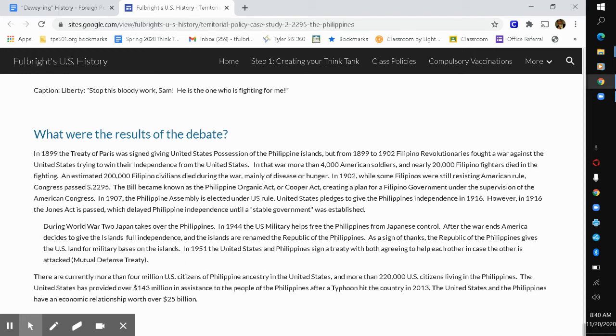It's not going to be until World War II when Japan takes over the Philippines, chasing us out of the Philippines. The United States military retreated from the Philippine Islands when the Japanese invaded. But in 1944, the U.S. military comes back to the Philippines and helps free them from Japanese control.